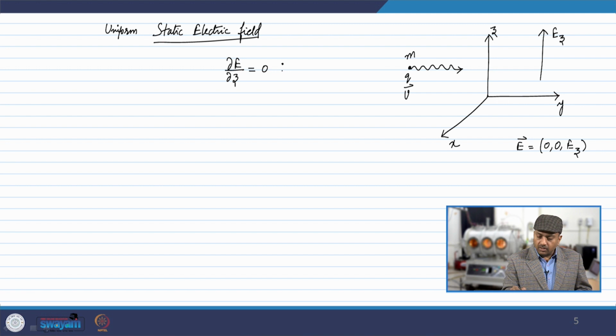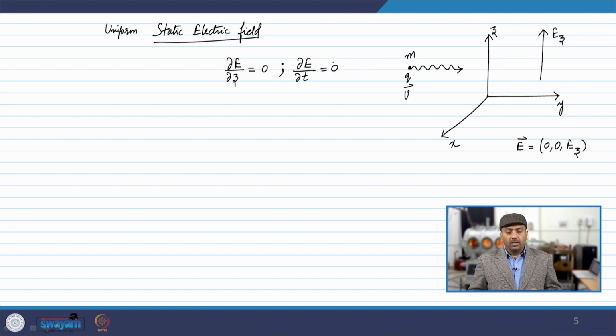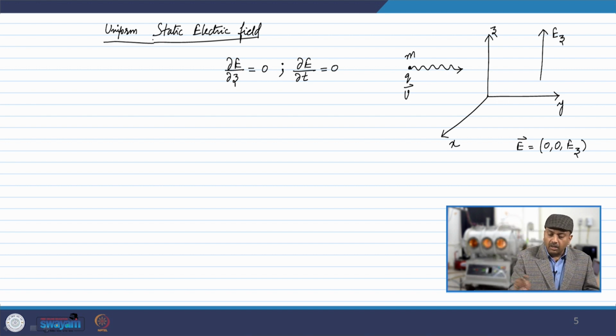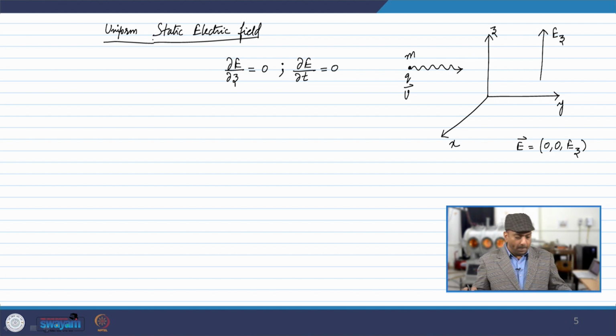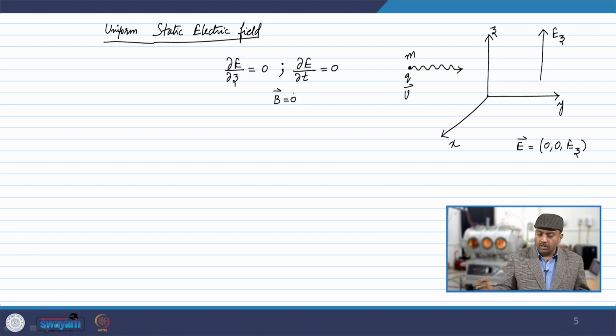And by saying static, we say that ∂E/∂t is 0. You understand? These two conditions are the mathematical representation of the fundamental nature of the electric field that you have taken, right. And in this picture, we do not consider the magnetic field to be present. Okay. So, that means B is equal to 0.